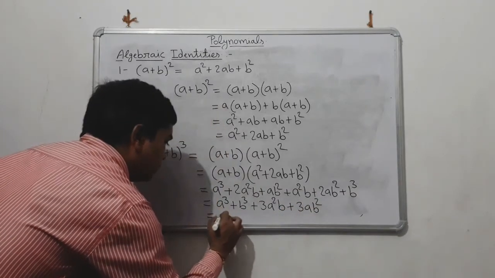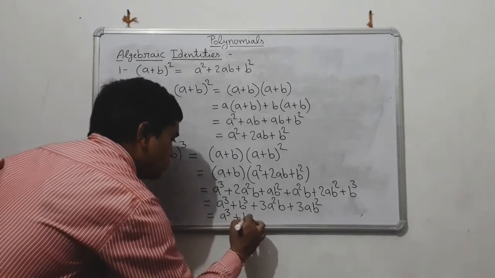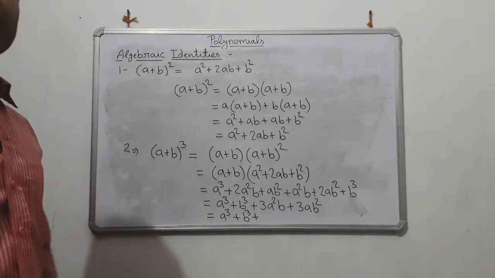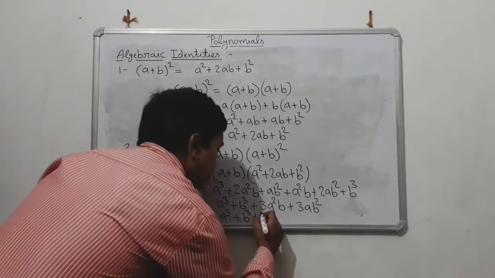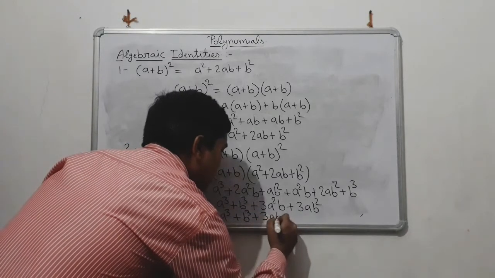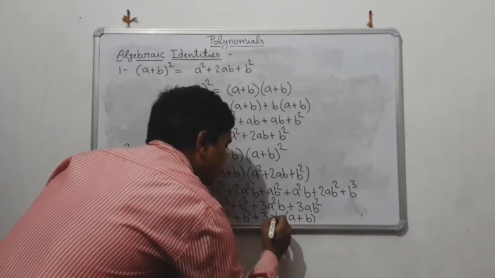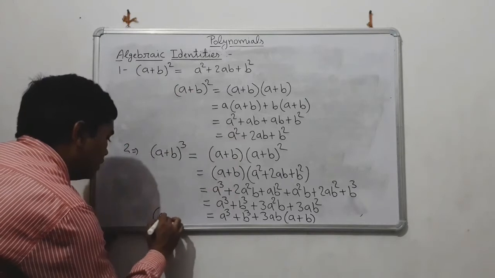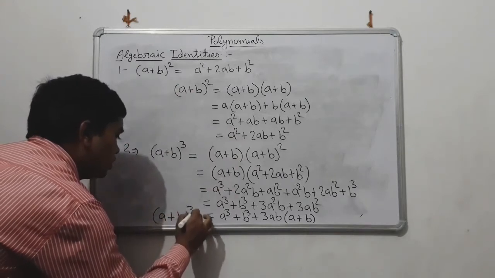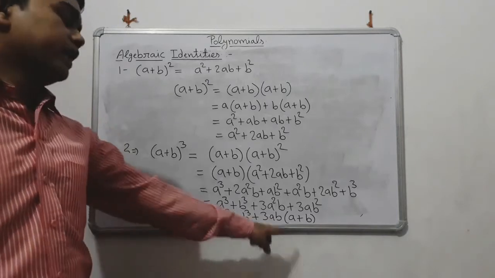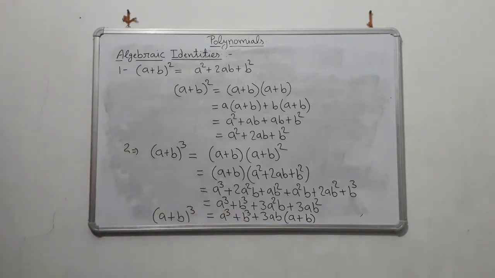Now here a cube plus b cube, and from the last two terms we can take 3ab as common. So take 3ab as common, so we will get a here and b here. So it means the formula of (a plus b) whole cube is a cube plus b cube plus 3ab in bracket (a plus b).